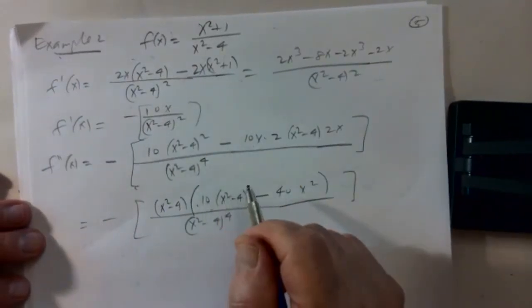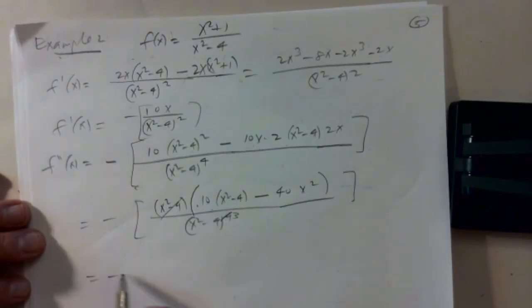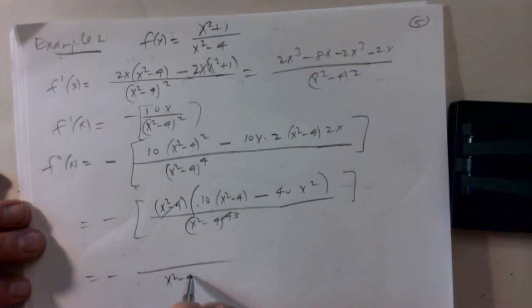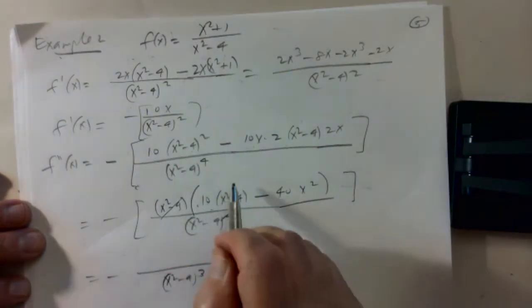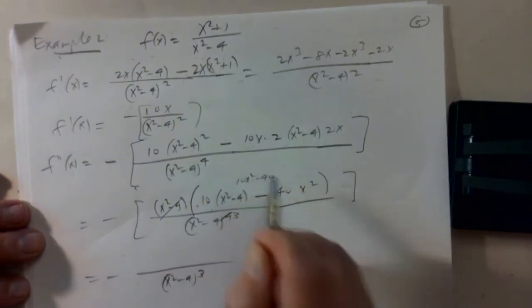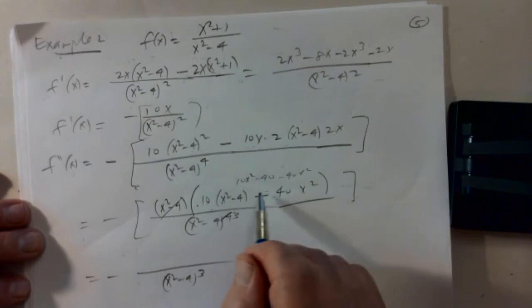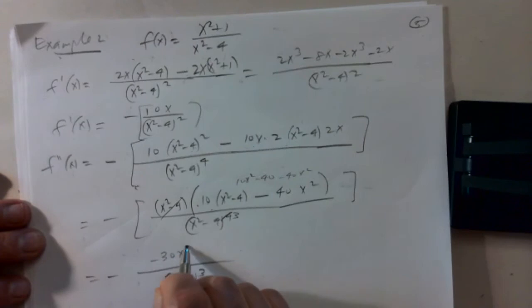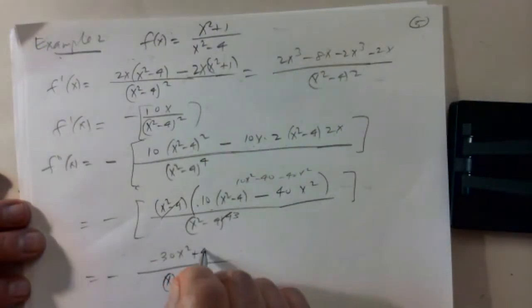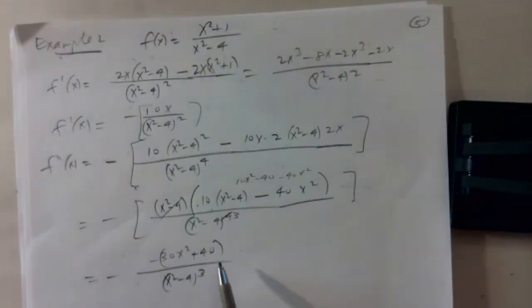So of course, this cancels one of these, which makes that a 3. And what I have here is 10x squared minus 40 minus 40x squared, which gives minus 30x squared minus 40. So anyway, minus 30x squared plus 40.